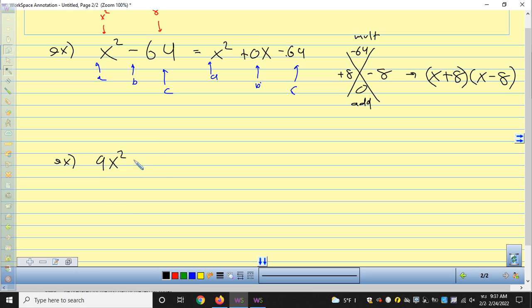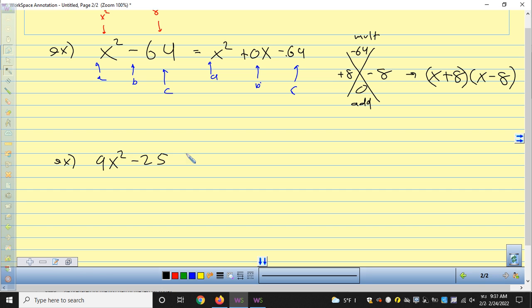9x squared minus 25. Now when we have a leading coefficient, we should always check. I should have checked on the last problem also. Is there a number that will go into both 9 and 25? Does 25 go evenly into 3?